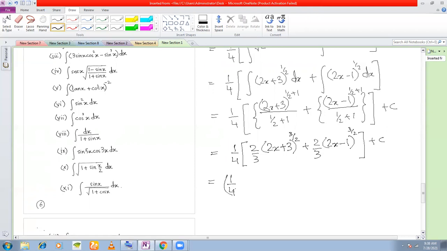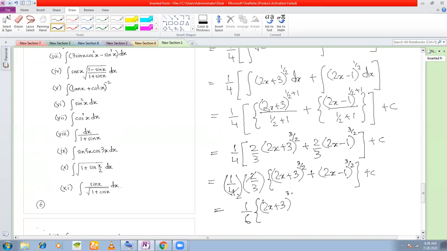So 1/4 into 2/3 into 2x plus 3 to the power of 3 by 2 plus 2x minus 1 to the power of 3 by 2 plus c. So now finally you have 1 by 6 into 2x plus 3 to the power of 3 by 2 plus 2x minus 1 to the power of 3 by 2 plus c. And that's your answer.